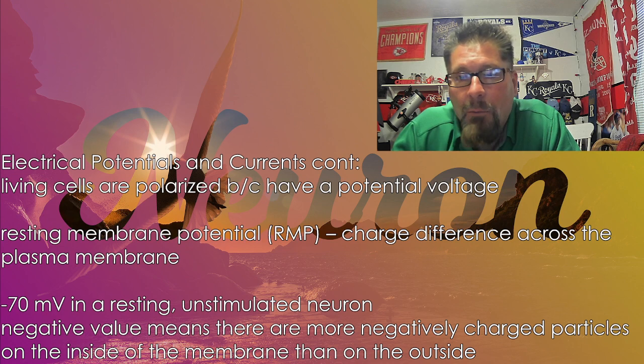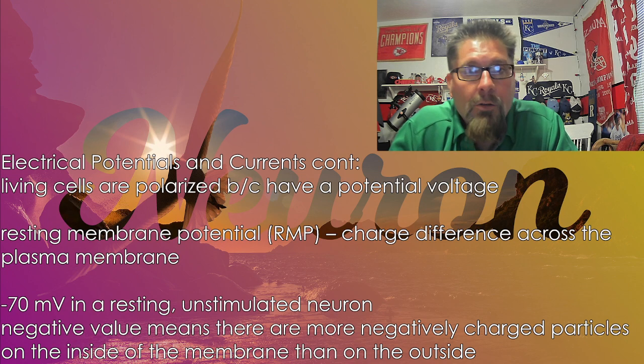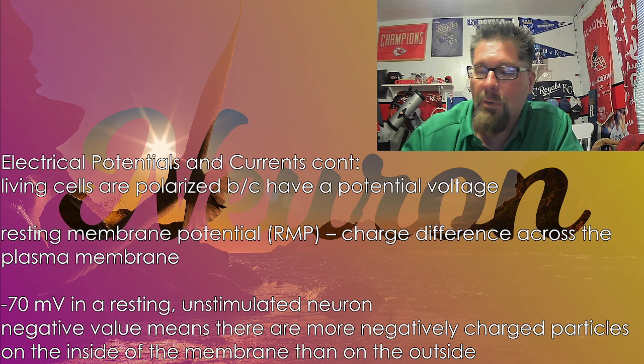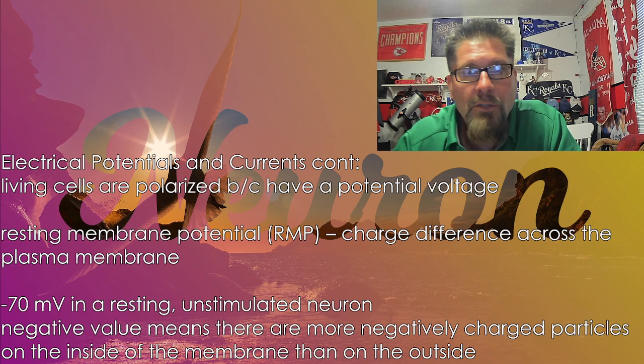Then when the signal arrives, it goes through a series of steps to increase that number using sodium and potassium, making it go up to +35 and then back down to its resting potential. But we'll talk about all those steps in this video.